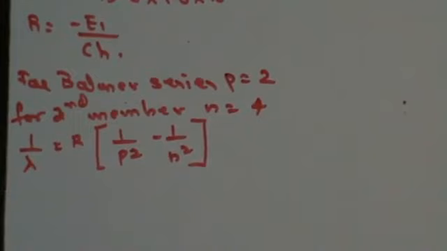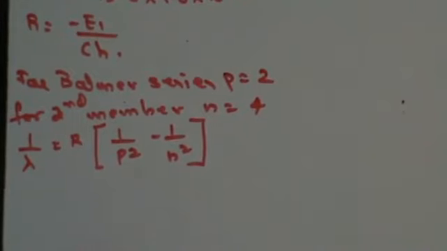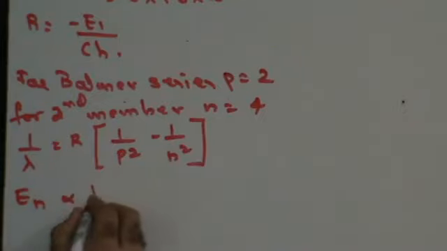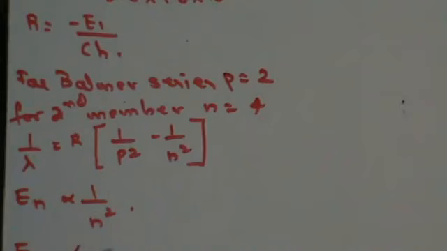Next, they have also asked us to calculate the energy in the third orbit. The energy in the first orbit is given. We know that the energy in the nth orbit is proportional to 1 upon n square. So the energy in the third orbit upon the energy in the first orbit is n1 upon n3 the whole square, where n1 is 1 and n3 is 3.